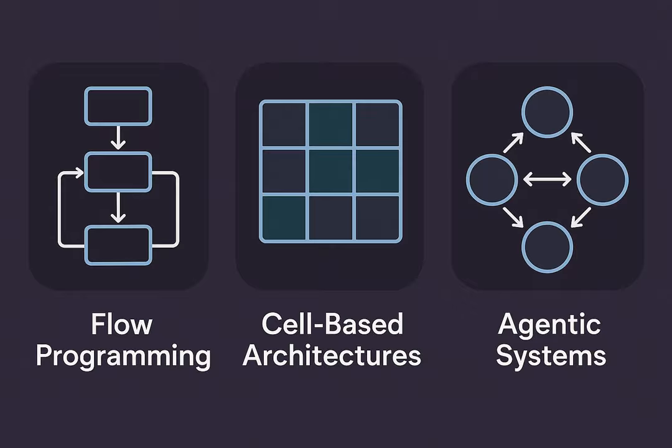And looking further out, what are the emerging trends? Well, the source suggests we'll likely see increased adoption of cell-based architectures, probably with more intelligent adaptive control planes managing them. FBP might see a resurgence, especially integrated with low-code, no-code platforms, or finding new niches in edge computing where its data flow model fits well. And agents.